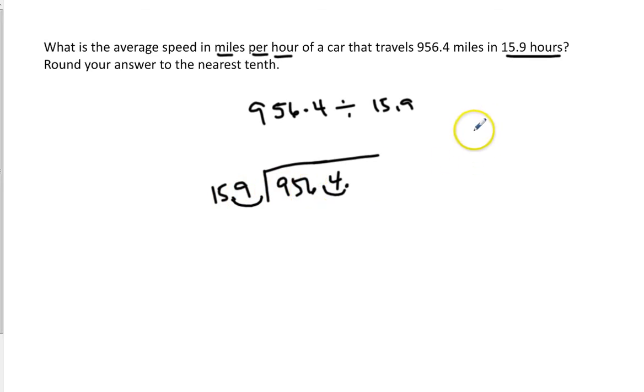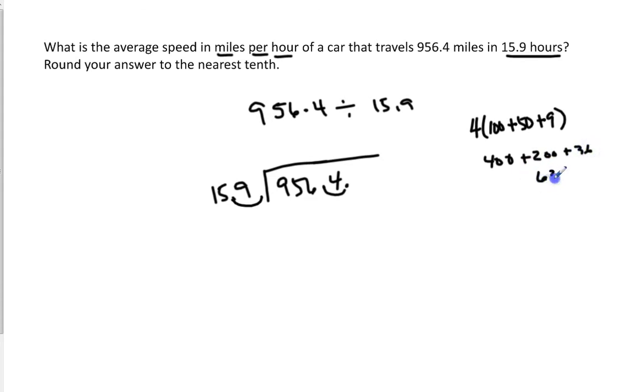So I'm going to go ahead and use my distributive property. And I'm going to go ahead and start with 4. So this is going to become 4 times 100 plus 50 plus 9. Okay, there's my 159. And that becomes 400 plus 200 plus 36.